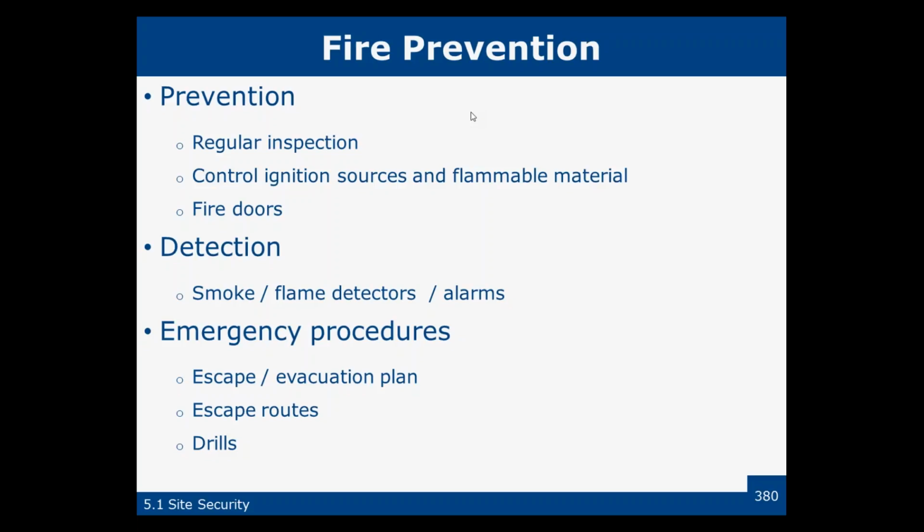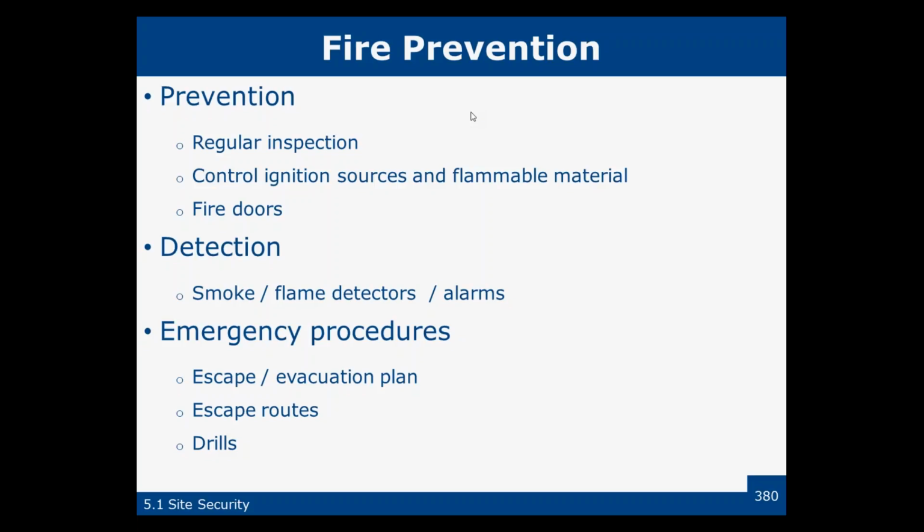We do need, and I think it's probably going to always be a requirement, to have some sort of smoke detectors or flame detectors. The types are photoelectric, which measures the integrity of the internal beam of light. It's got a beam of light, and if it gets cloudy enough to block that, it figures that it's smoke, and you get an alarm.